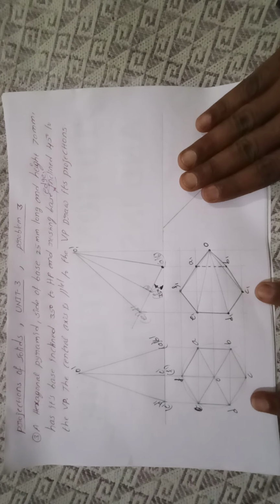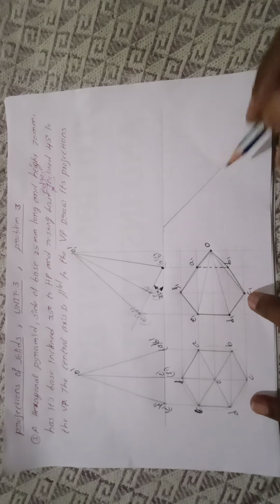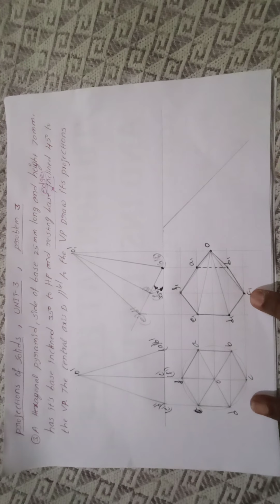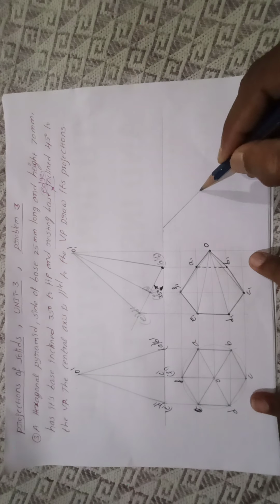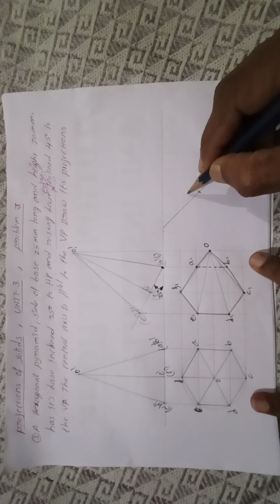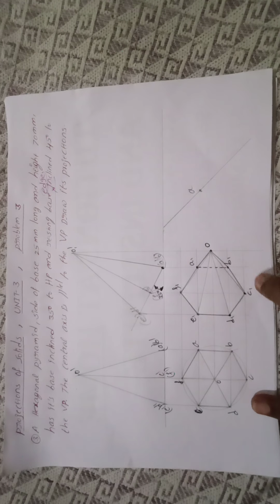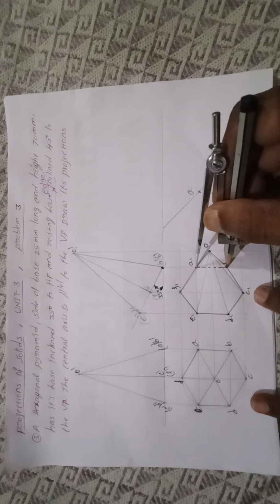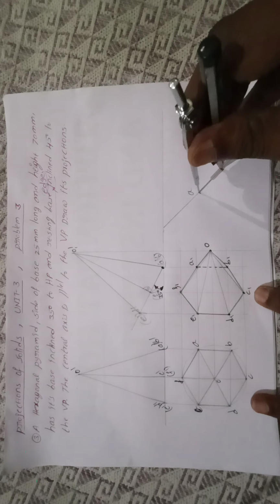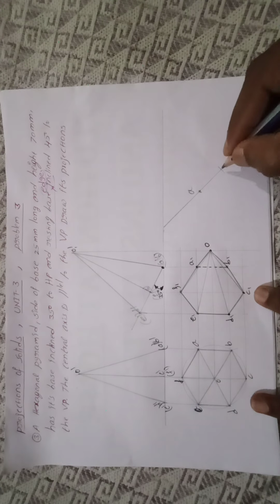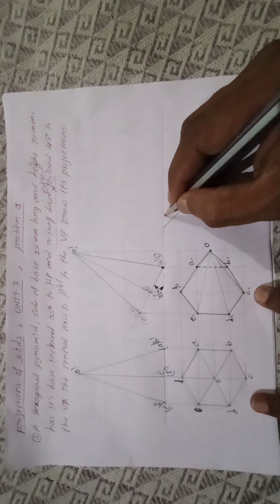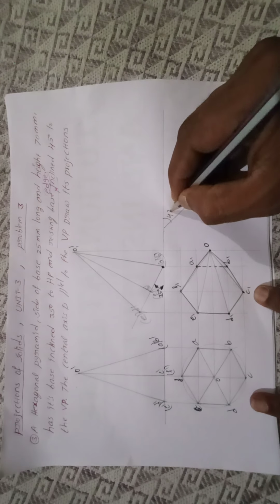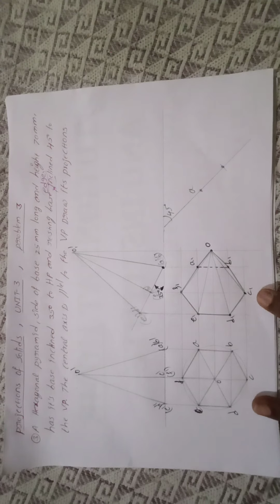How am I shifting? First indicate AB on this line. So here I am indicating this point as A and B. Measure the distance A to B, and from A cut this line. Now AB is taking 45 degrees inclination.